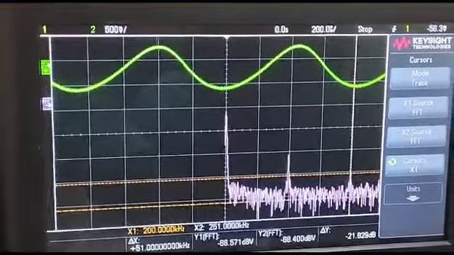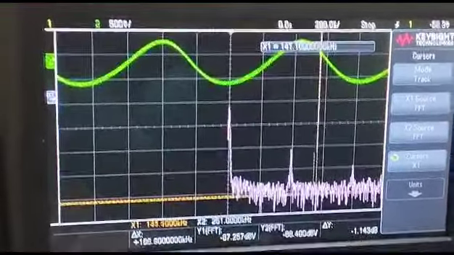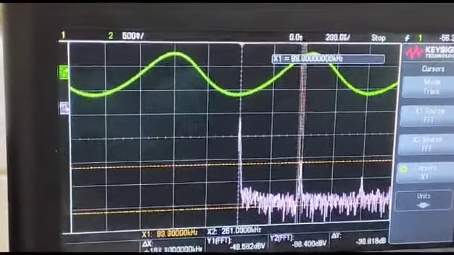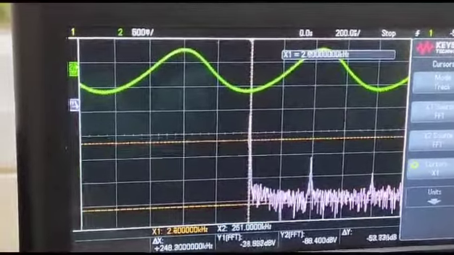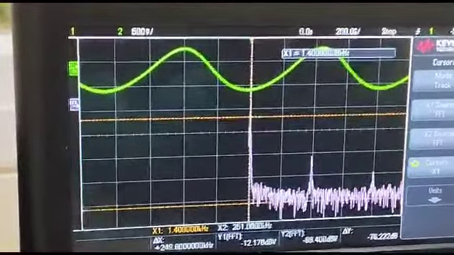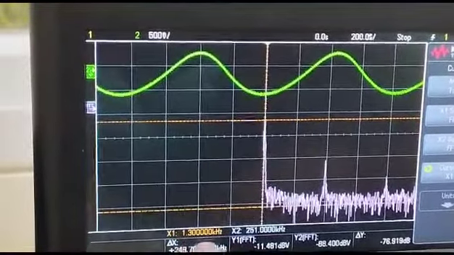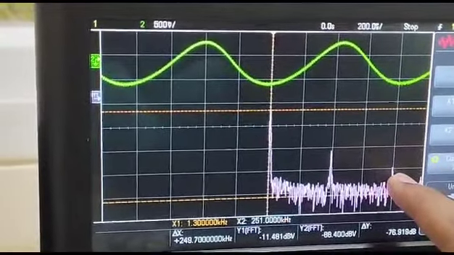Same goes for the cos input. The amplitude at 1 kilohertz is almost the same, whereas that at 199 kilohertz is highly attenuated.